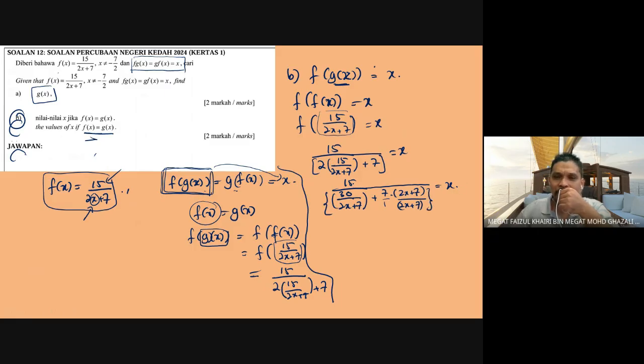Okay, so 15 divided by, we equalize the denominator. Now we have 2x plus 7 and also 2x plus 7. So we just look at the numerator here. 30 plus 7 times 2x, 14x, 7 times 7, 49 divided by 2x plus 7 equal to x.